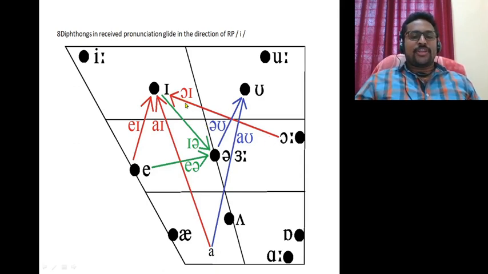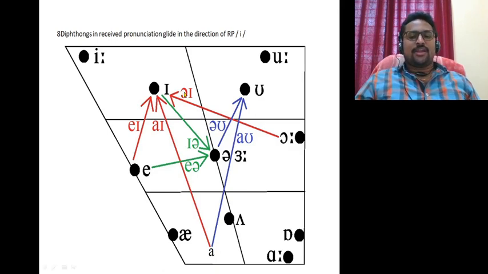How are we pronouncing? While we are pronouncing this sound, we are stretching our lips. But while you are pronouncing this, we are making our lips round and it is gliding towards the received pronunciation short E, and it is becoming OE, as in boy.